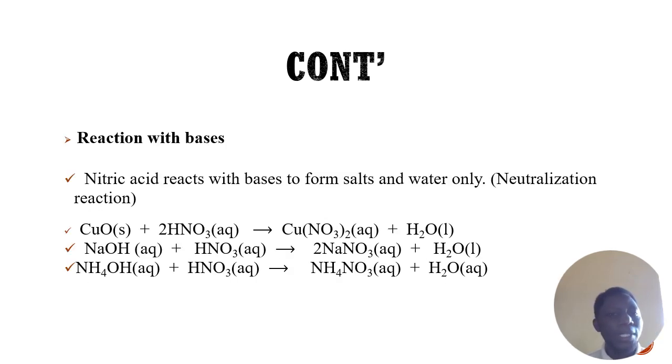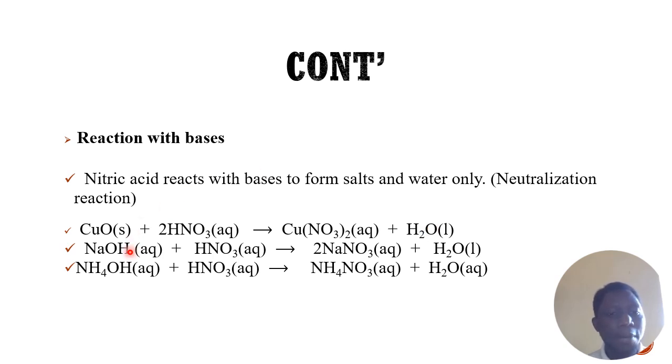Nitric acid can also react with bases. When nitric acid reacts with bases, it forms salt and water only. Remember, this reaction is called the neutralization reaction. Here we have different examples. When copper oxide reacts with nitric acid, it produces copper nitrate and water.